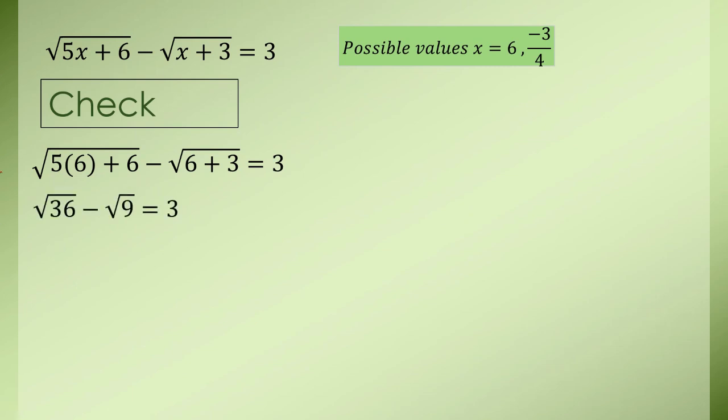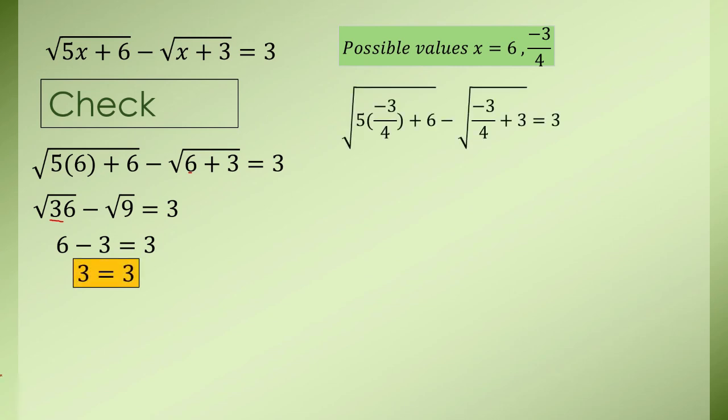5 times 6, 30, plus 6, 36. 6 plus 3, 9. The square root of 36 is 6. The square root of 9 is 3. Then 3 is equal to 3. Then this is the solution. Substitute now negative 3 over 4 for x. 5 times negative 3, negative 15 over 4, plus 6, minus the square root of negative 3 over 4 plus 3.